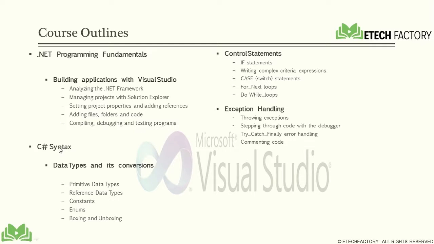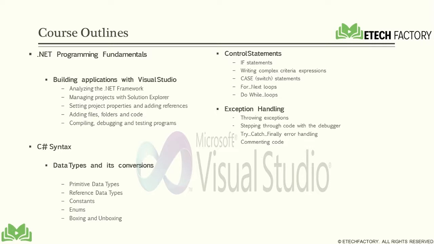The second chapter is C# syntax. Under this chapter, we are going to learn what the data types are and their conversions. The main data types are primitive data types, reference data types, constants, enums, and then we are also learning what boxing and unboxing are. The third chapter is control statements.